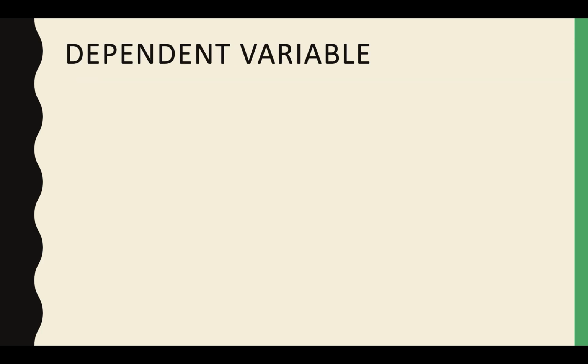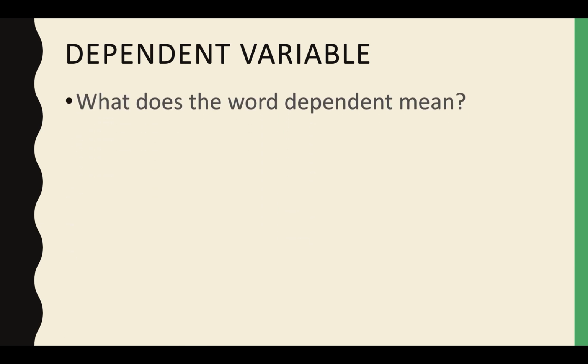Next, we'll discuss the dependent variable. A dependent variable has the word dependent in it. Let's talk about what that means. The word dependent can mean many things, but I'll give you an example that you might understand. You are dependent on your parents, correct?